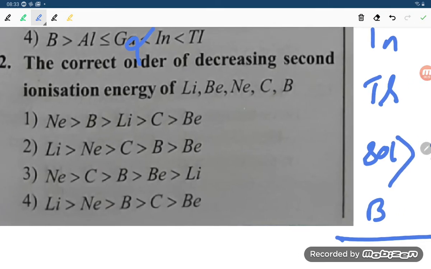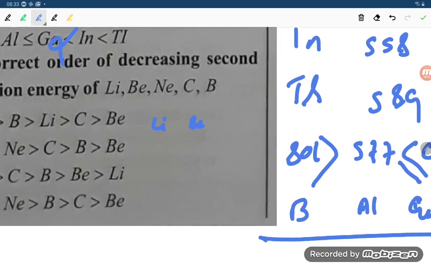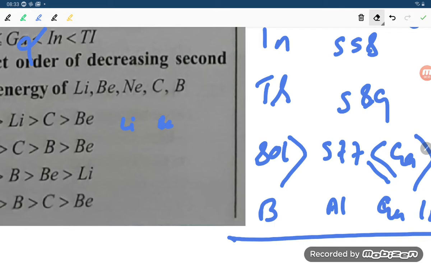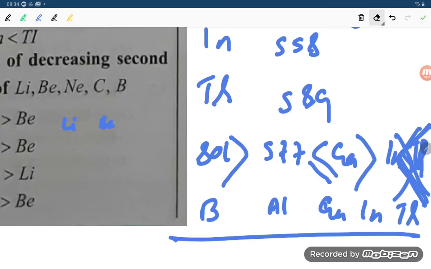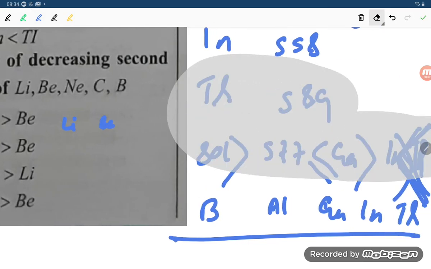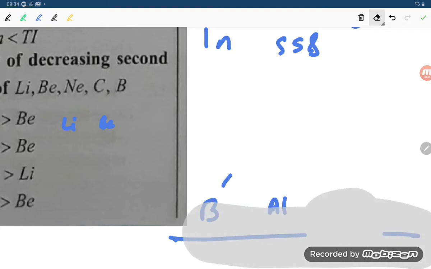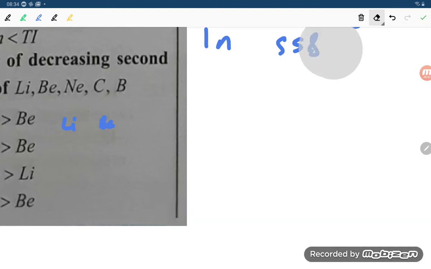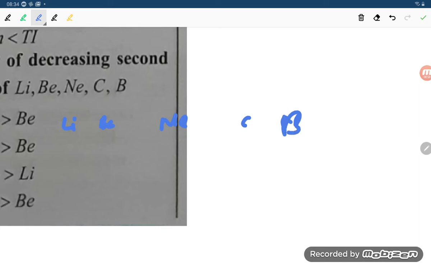I am erasing some portion of this question, student, for better understanding. Now let us see. So we have boron, beryllium, neon, carbon, nitrogen, lithium. They are talking about second IE, student.